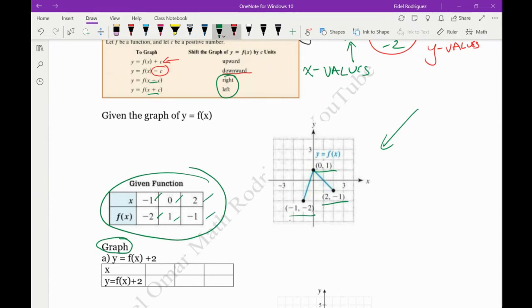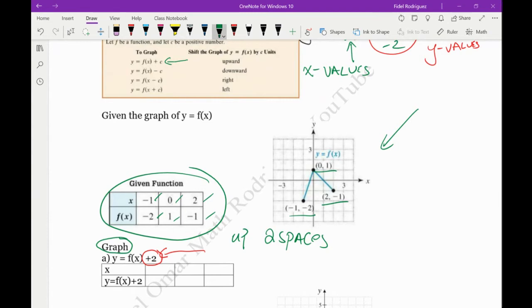Now, what we're going to do is make a table for this part. So I want you to notice something. The plus 2 is on the outside. And when we have a plus 2 on the outside, that means the graph is going to go up. In this case, we're going to go up 2 spaces. So that means we're changing the y values.